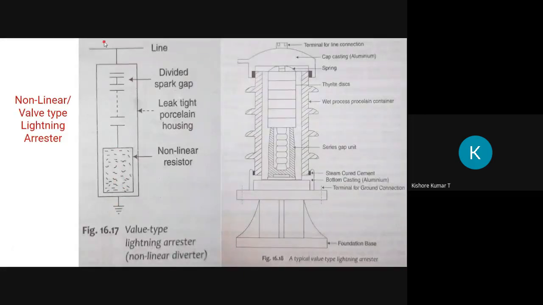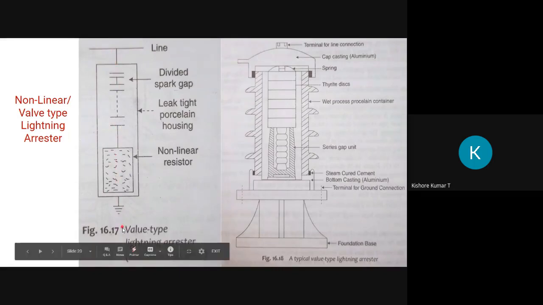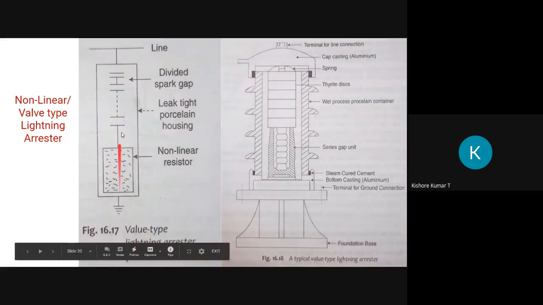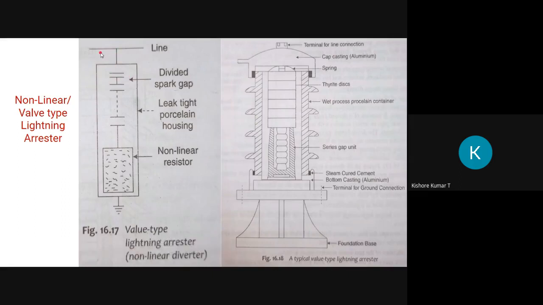Whenever there is an abnormal condition, a rise in potential, the resistance offered by this non-linear resistor will decrease. Due to the decrease in the resistance, whatever rising charge is there will get discharged through the non-linear resistor to ground. And the energy generated by that increased charge will be dissipated through these divided spark gaps.